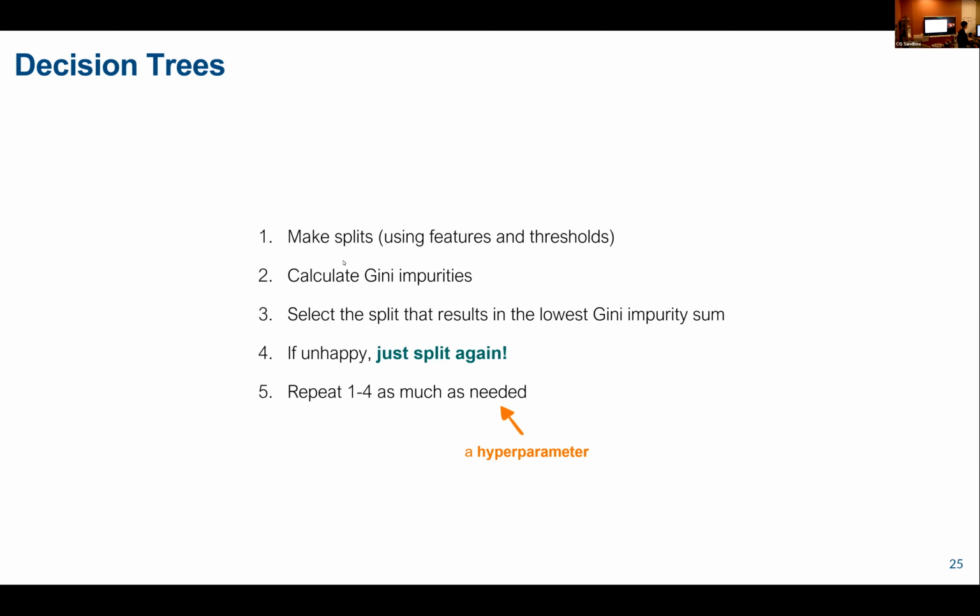So usually you select a separate validation data from your actual test data. If you try to tune hyperparameters using the test data, then it's more like cheating. It's like giving the student the answers. So usually people use something called cross validation, they use a validation data set.